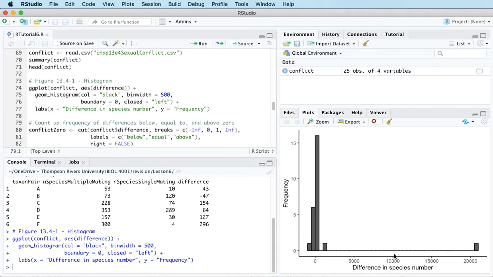And so the approach we're going to take in this video is to use something called a non-parametric analysis. Non-parametric analyses are methods that we can use when the test that we're trying to do relies on an assumption that does not seem to be supported by the data.